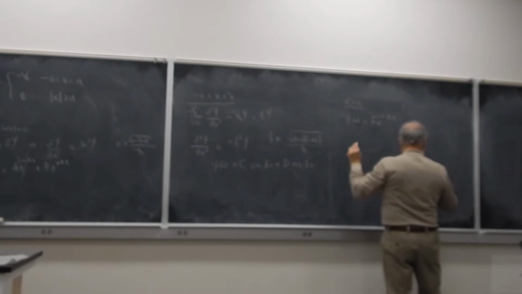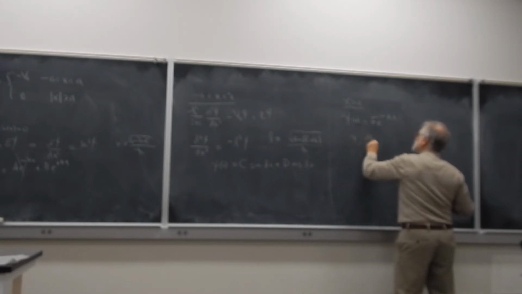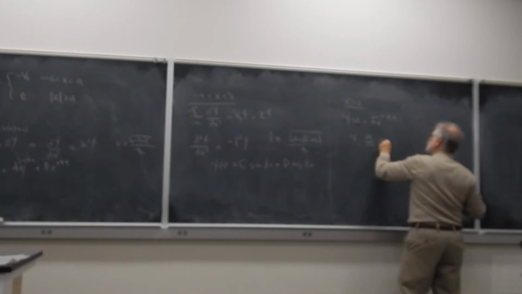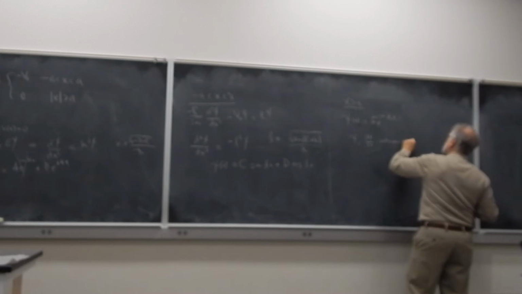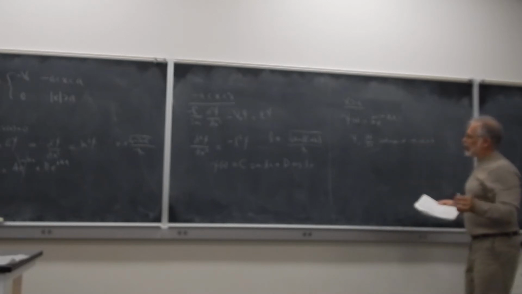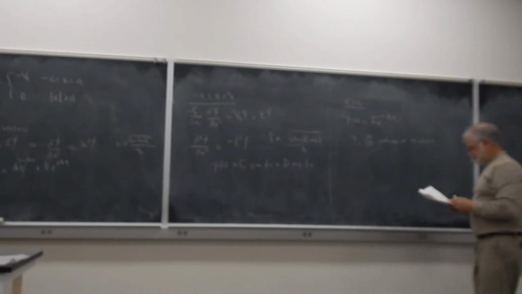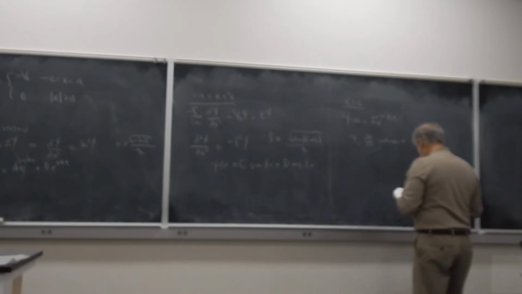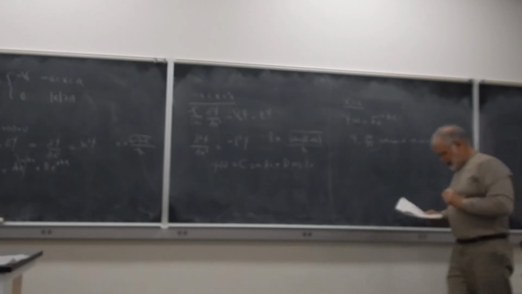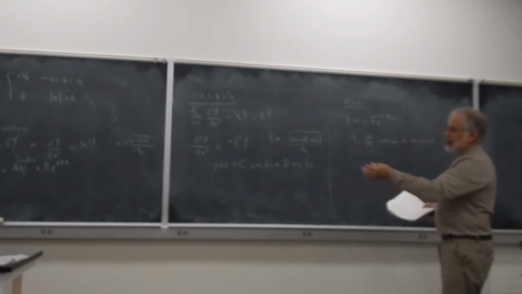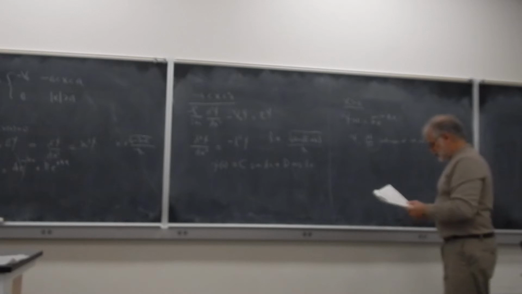Now let's apply boundary conditions. Once again, we expect that psi and d psi dx must be continuous at x equals minus a and x equals plus a. But we can make our lives a little bit simpler if we think about it this way. The potential is an even function.